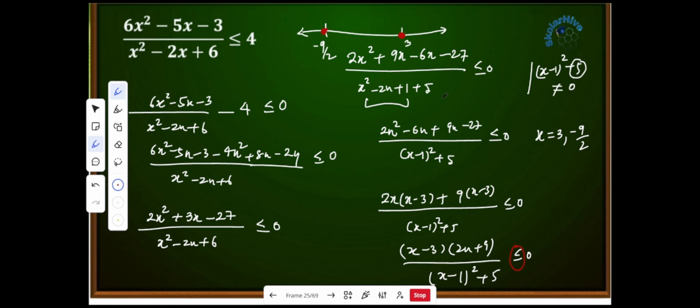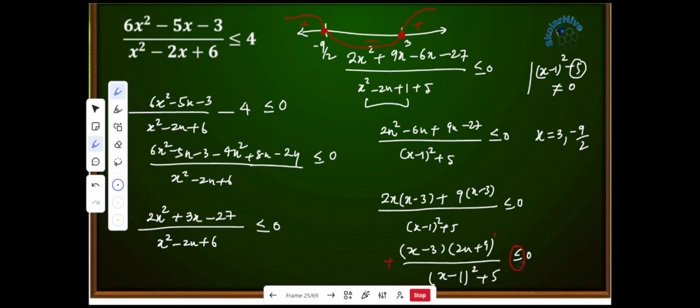Now start drawing the curve. As this expression has a positive sign, we take the curve from up, positive. At 3, the linear factor has exponent 1, so it will change the curve from positive to negative. And again at the other point, the linear factor power is 1, so it will change from negative to positive.